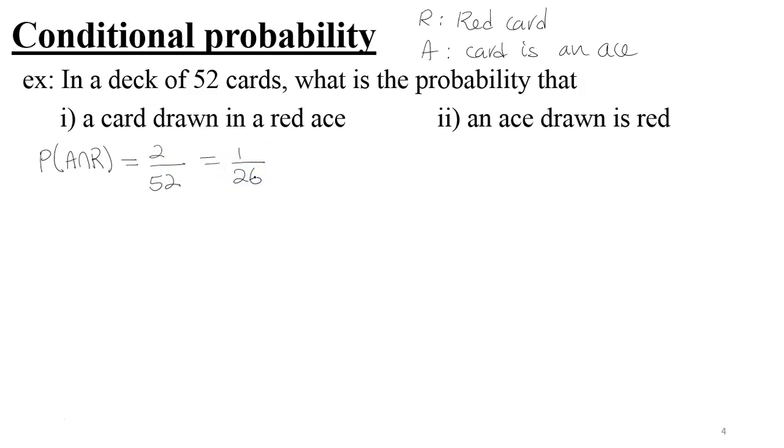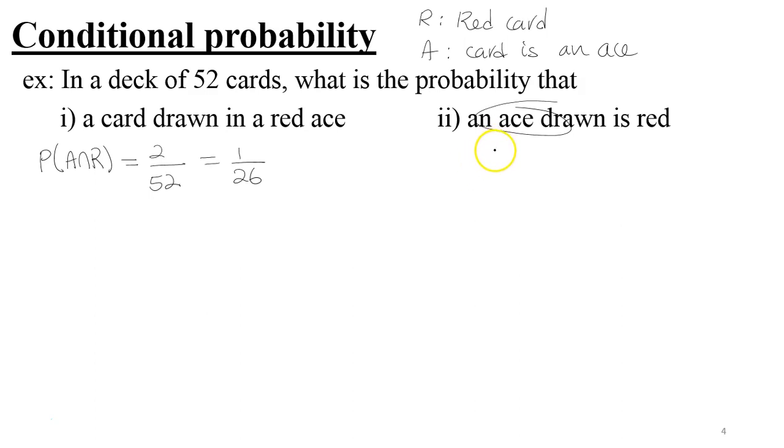So we have a probability of 1 out of 26 to obtain a card that is red and ace at the same time. Now over here in part II, I'm looking for the probability that an ace drawn is red. So 'an ace drawn' actually tells me that I already have an ace.